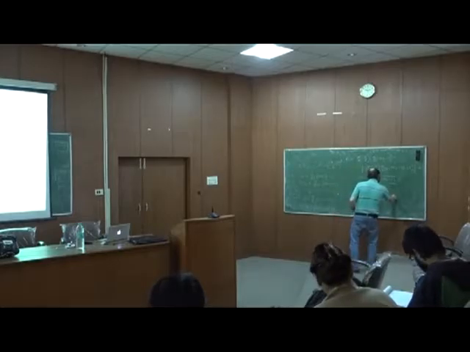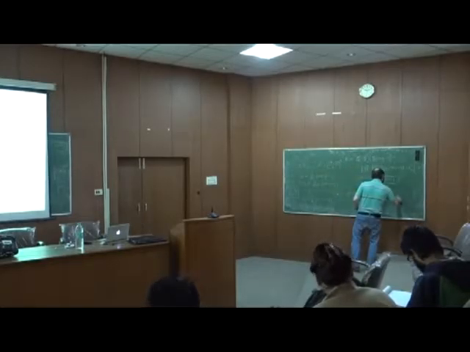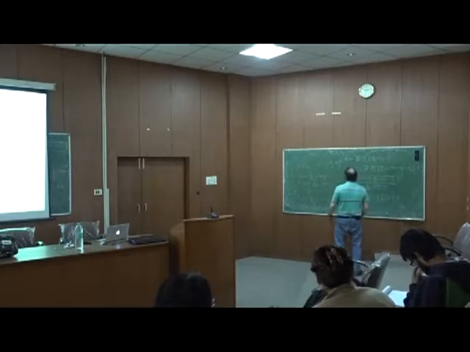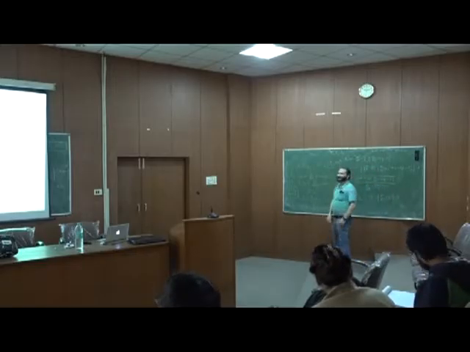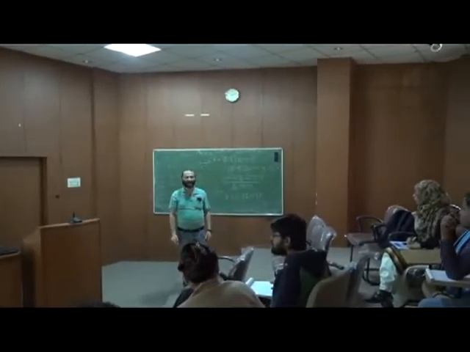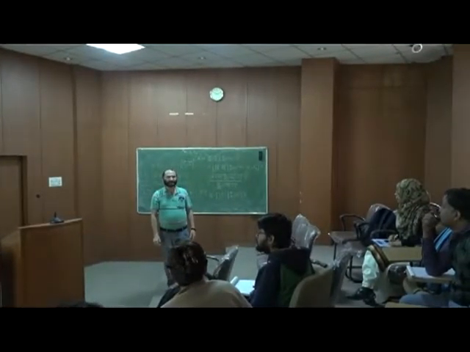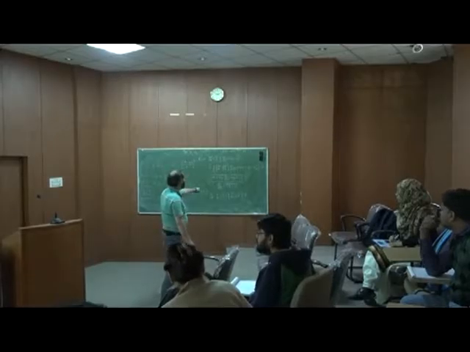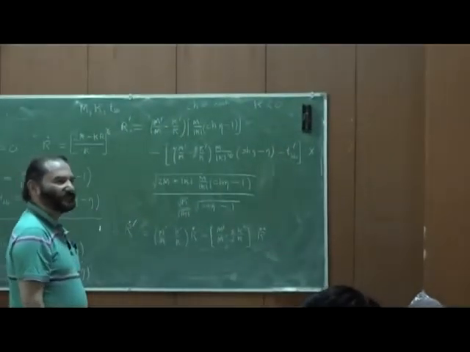And this will be multiplied times r double dot. But how do you find r double dot? Well, you dot this, and you substitute again. That's it. You compute all this.